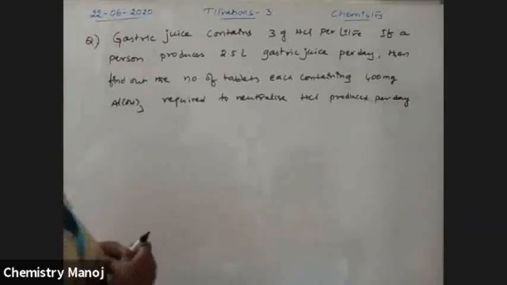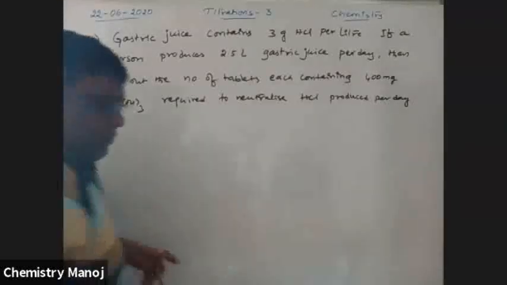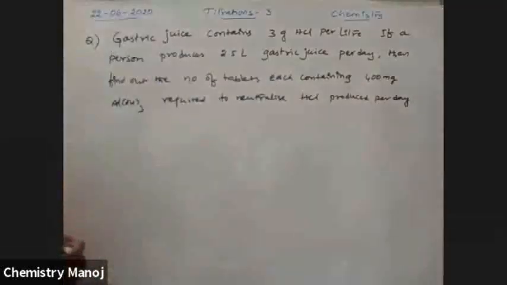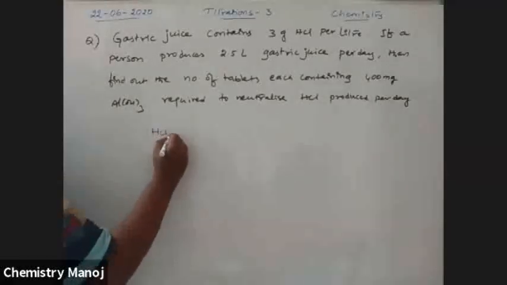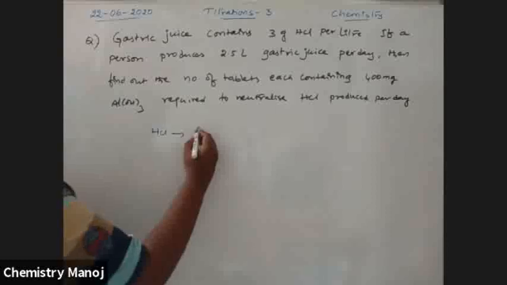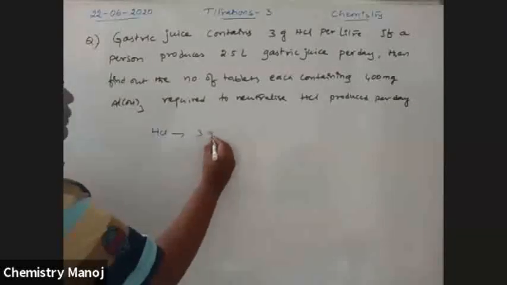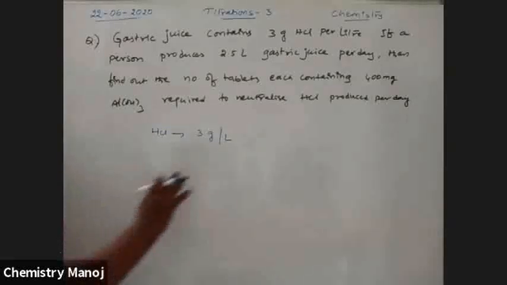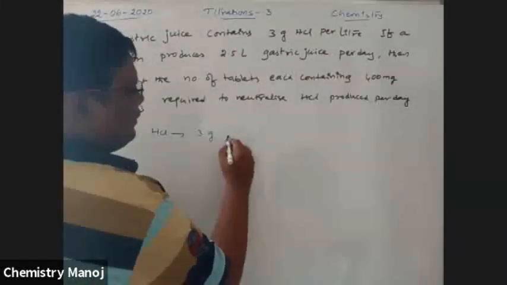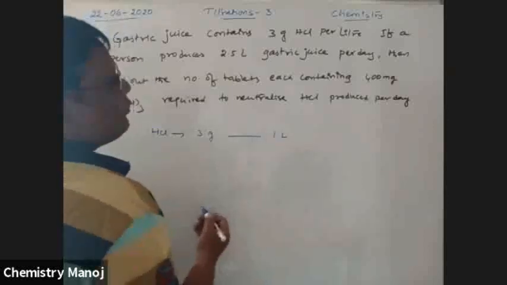See here, what are the conditions given? HCl has 3 grams per liter. That means 3 grams HCl in 1 liter of solution.